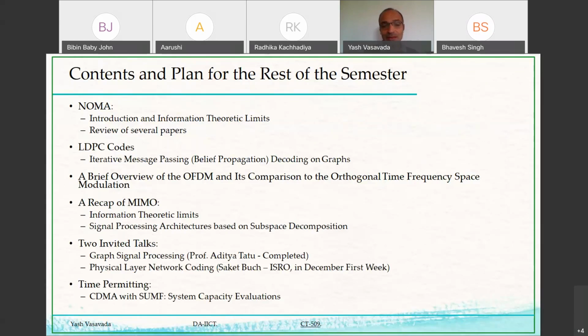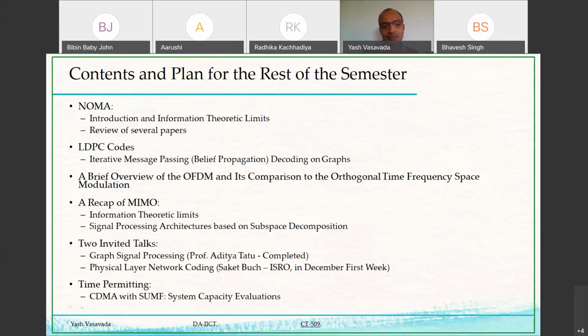on studying the performance of CDMA with SUMF, specifically the system capacity evaluation, where the objective will be to compare CDMA against TDMA and FDMA. And there, the main concept that I wish to emphasize is statistical multiplexing.